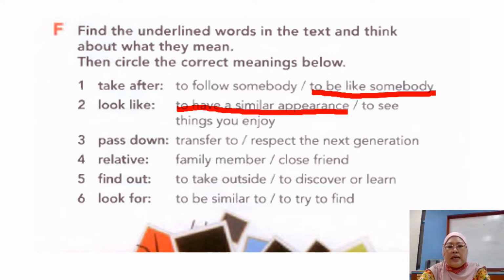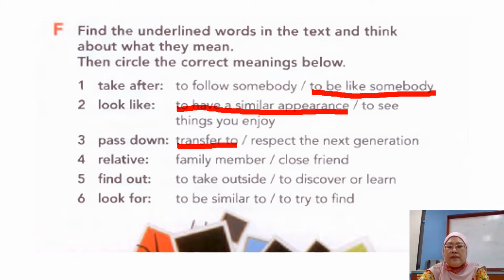Okay, pass down. Oh, we haven't seen this phrase just now. Pass down means, for example, the blue jeans are passed down from my brother to me. So the answer is transfer to.